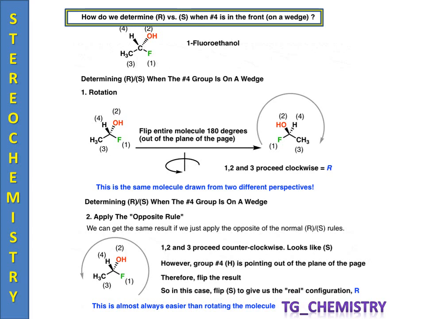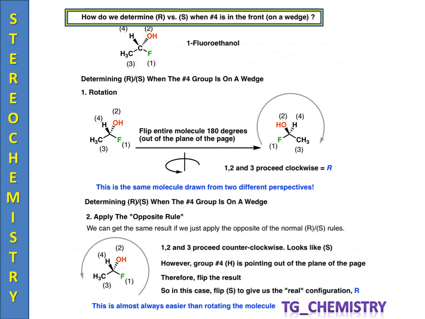Now if we flip the result, as I said, we need to do the opposite of the normal RS rule. So the flipped S will give us the real configuration R. Whatever we get from the 1, 2, 3 rotation, we just change it to the opposite one.